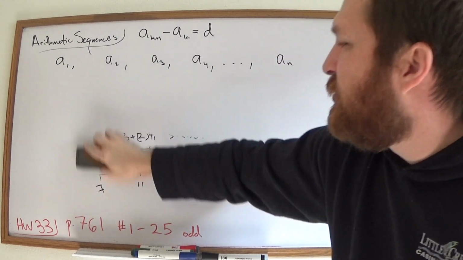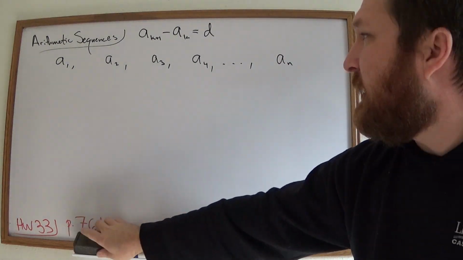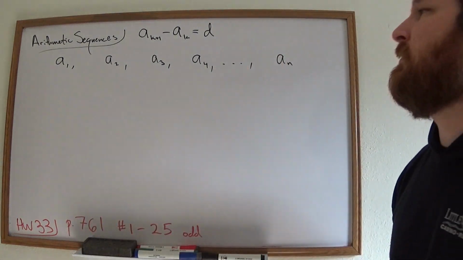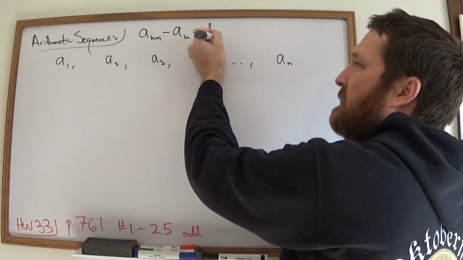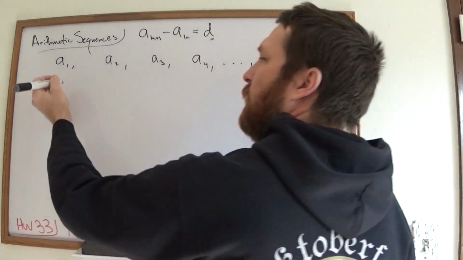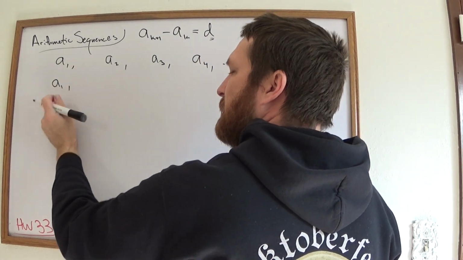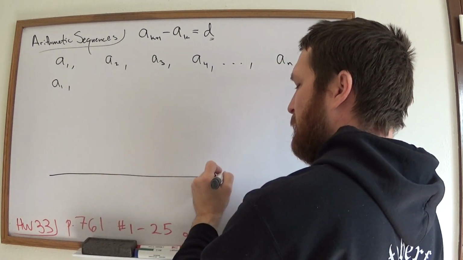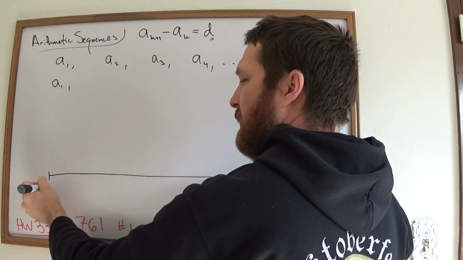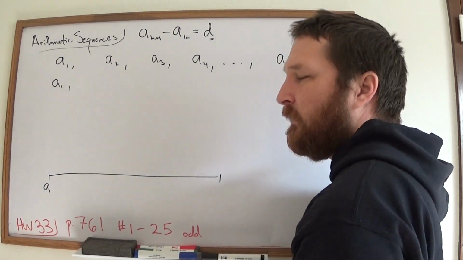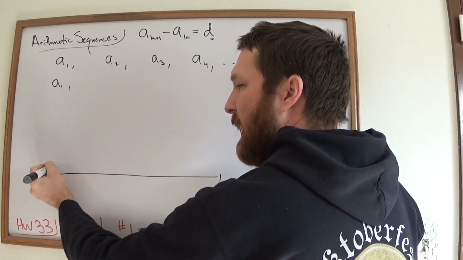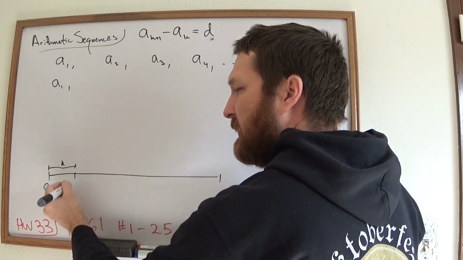And so, in general, what we could say is, if this sequence is arithmetic, then by definition it has a common difference. And so we could rewrite this as A1, and then how do we get to the next one? And again, I like this visual, right? We're starting here at some number, A1, on the real number line. And then you add a distance D to it to get to the next one.